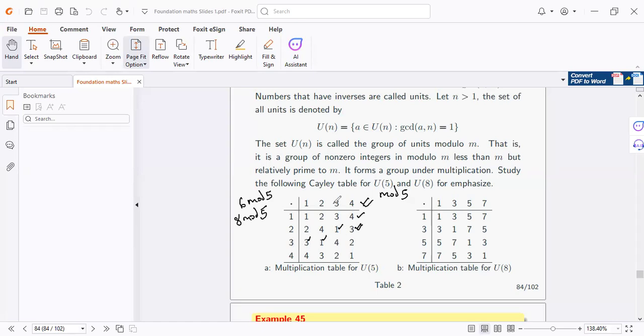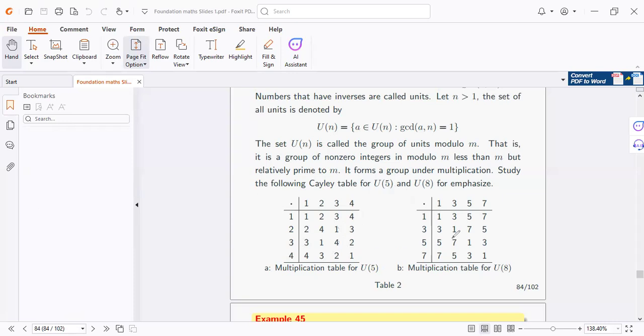Then 3 times 3 is 9, mod 5, which is 4. And then 3 times 4 is 12, mod 5, which is 2, because 5 into 12, the remainder is 2. So what I've written there is the remainder. We know how to do this, and we've been doing it before.